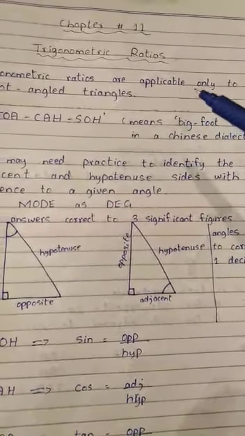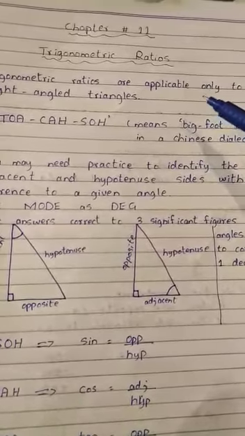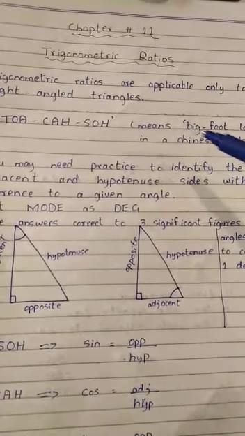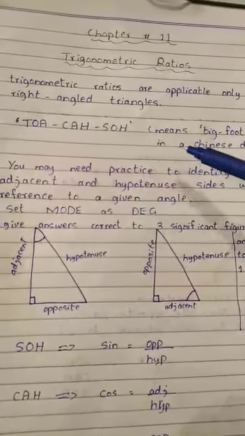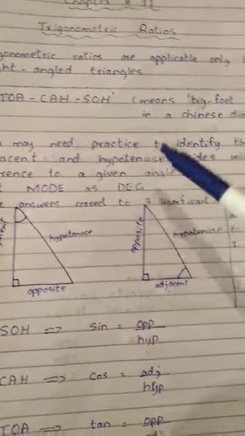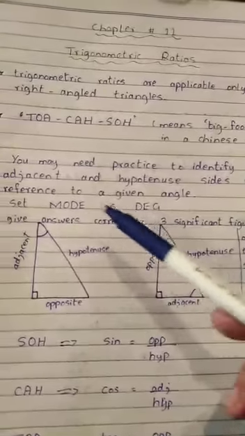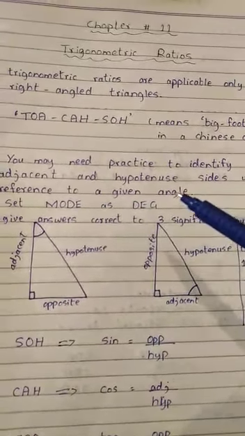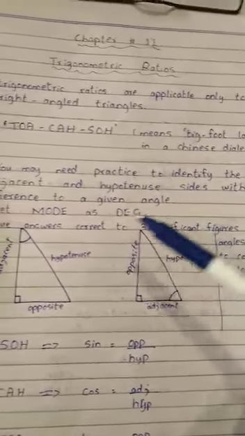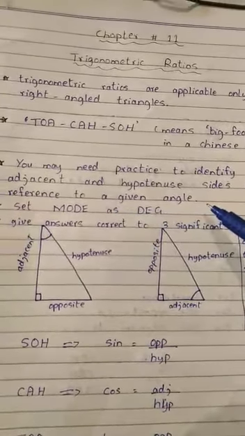First point, we can only apply trigonometric ratios to right angle triangles, and for solving these you just need to remember Soka Toa, so you can solve all the questions very easily. And then you just need to practice to identify the adjacent side, the opposite side and the hypotenuse, with reference to a given angle.